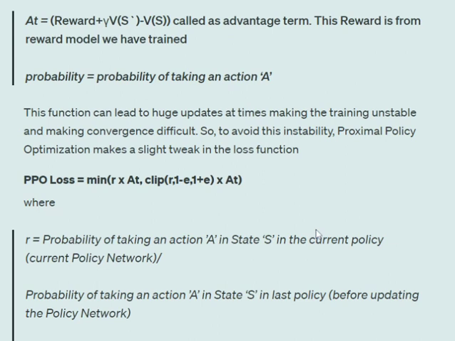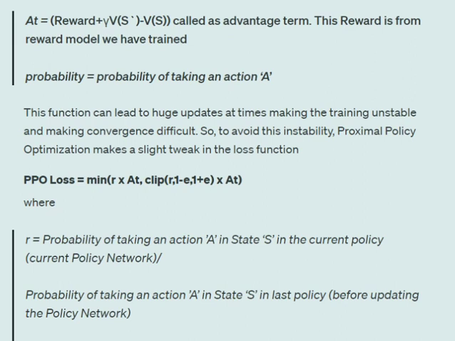So why is PPO used? Because in case of advantage actor critic, it is believed that as we are not making any upper and lower bounds, the training can become a bit unstable because of large updates happening to the model. So we need to clip the updates so that the convergence is smooth, improving the stability while training. We're trying to clip the update amount that can happen to the model weights.